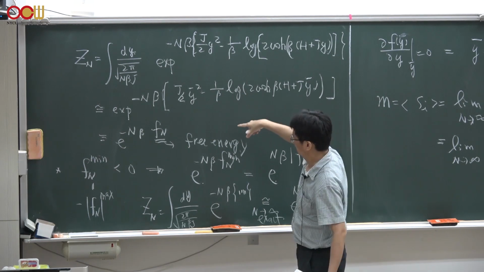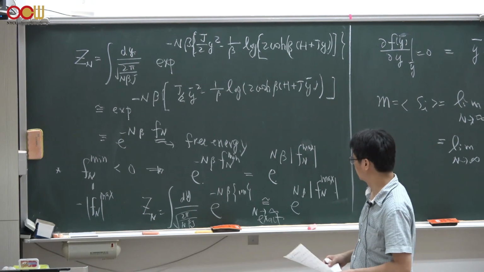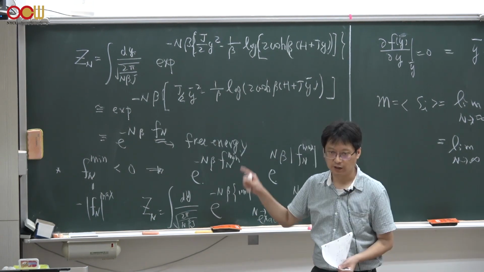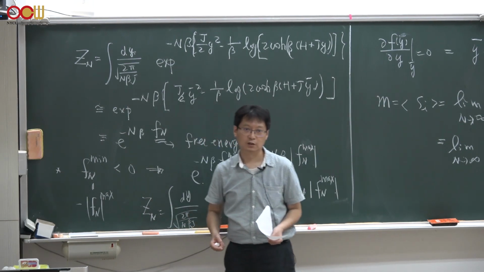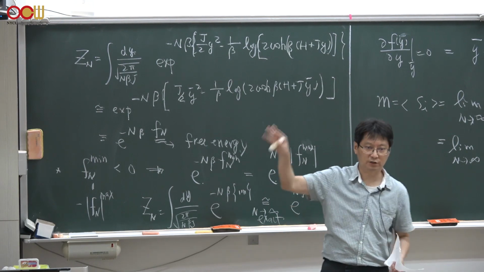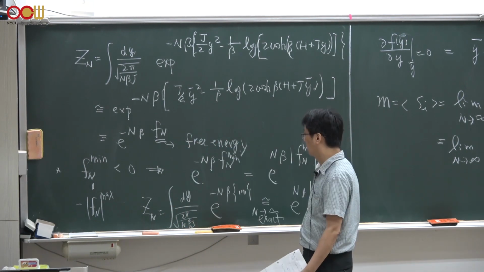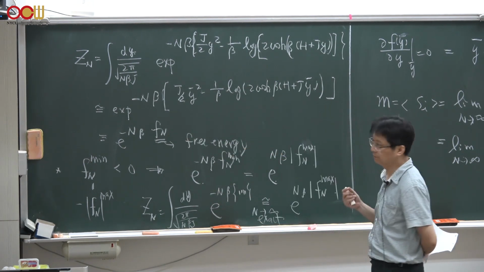If you define the saddle point y bar, which minimizes the free energy, we know that in statistical mechanics the free energy at the minimum point is usually a negative value. In order to minimize the free energy is to maximize its magnitude.